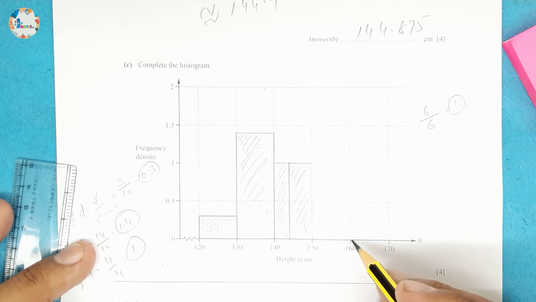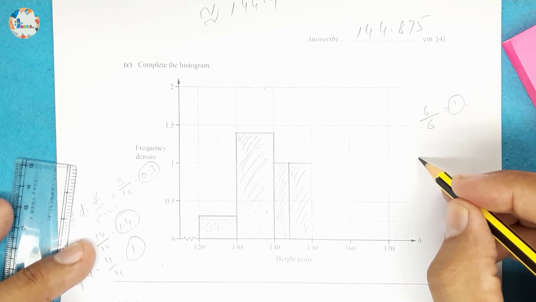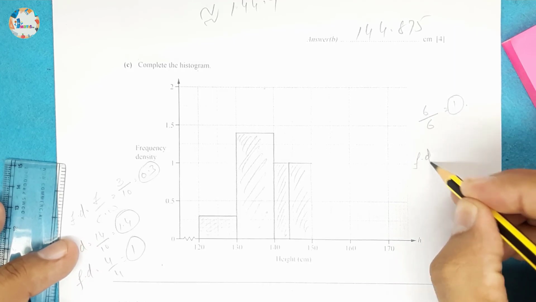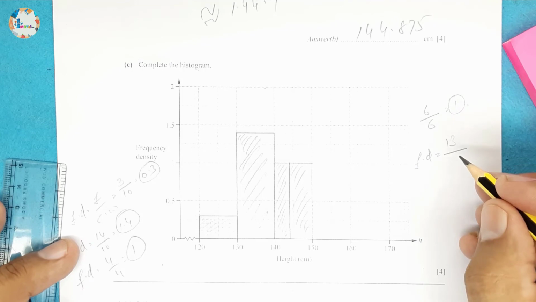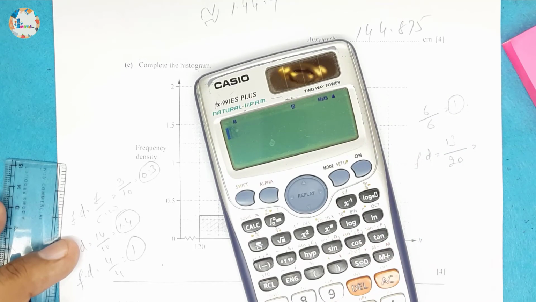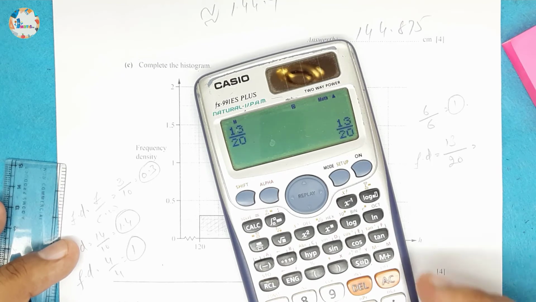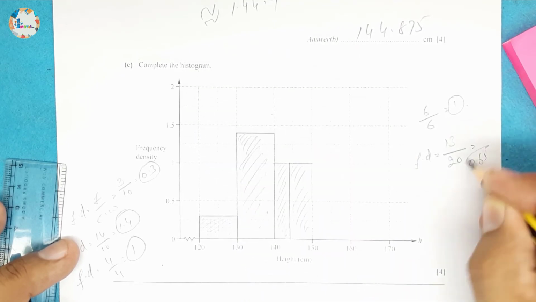Then comes 150 to 170. The frequency density for that one will be equal to 13 divided by the class width, which is 20. So 13 divided by 20 will result in 0.65.